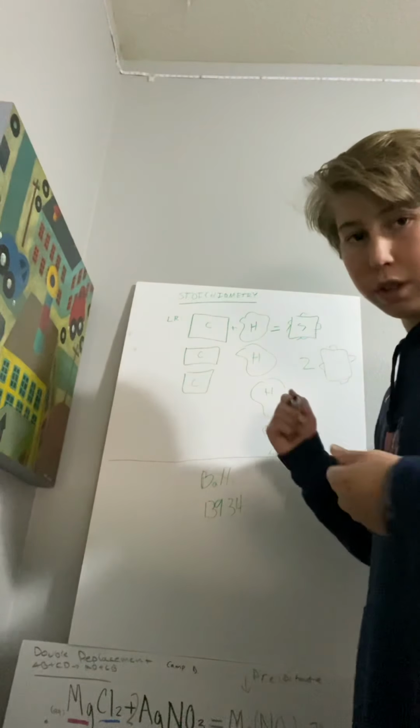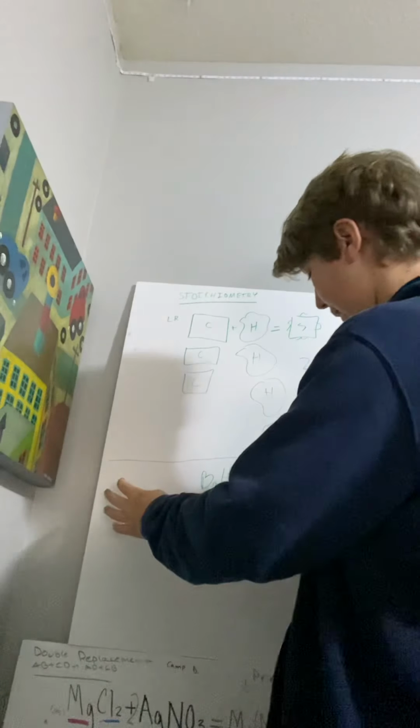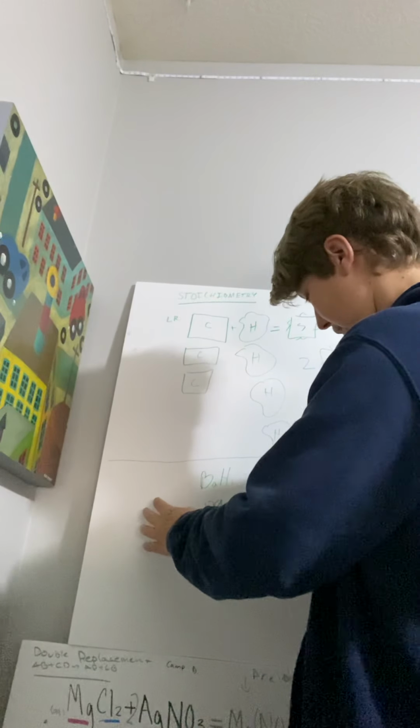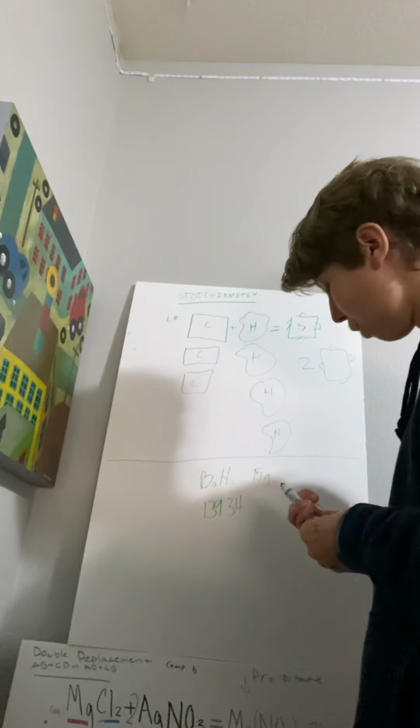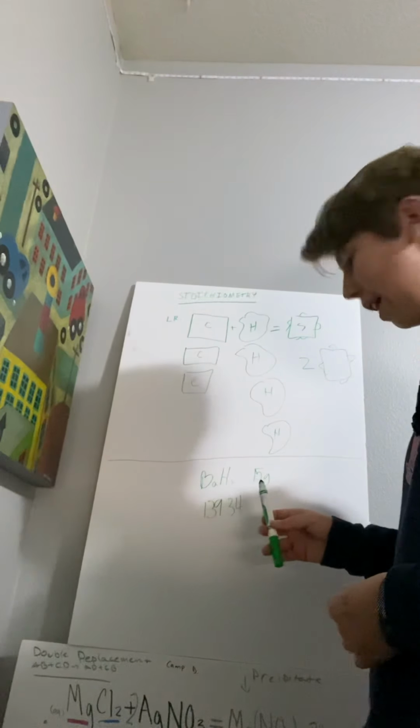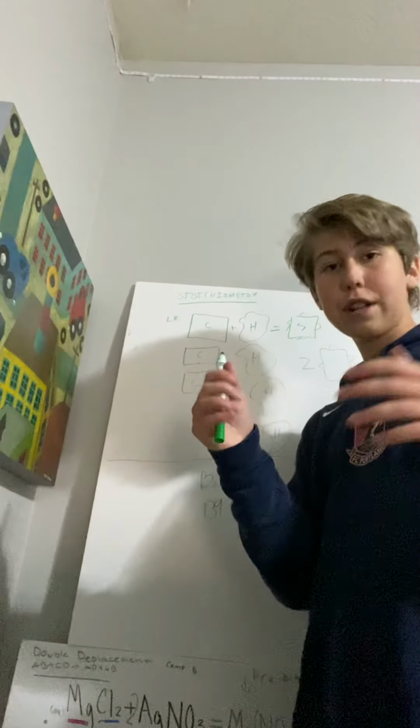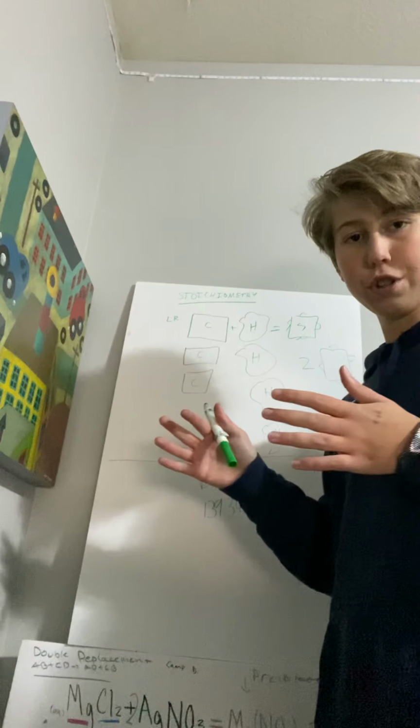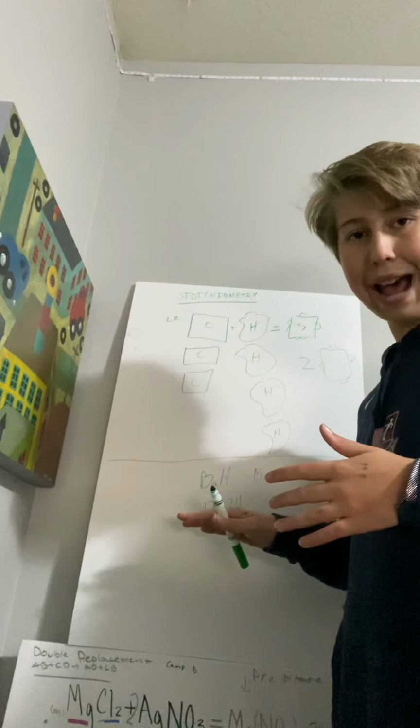We have 15 grams. What we have to do is take this barium hydride. When transitioning from grams to moles, we have to divide by the molar mass.